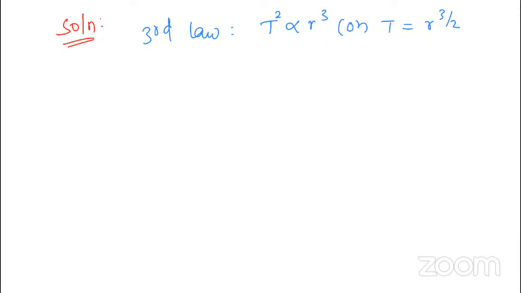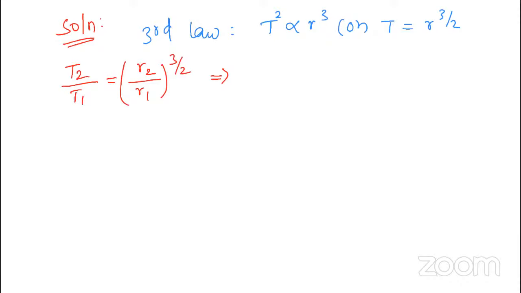Here they are asking the time, so T2 divided by T1 is equal to R2 divided by R1, the whole power 3 by 2.